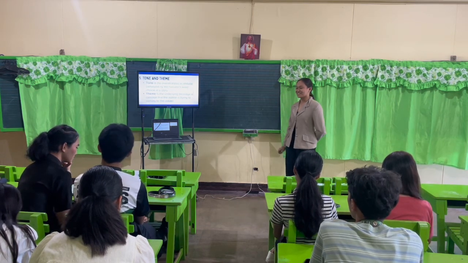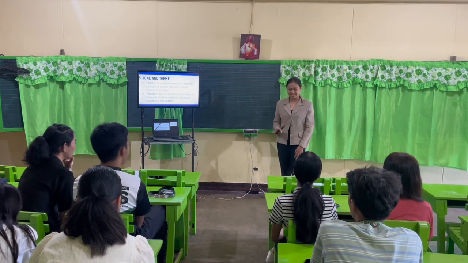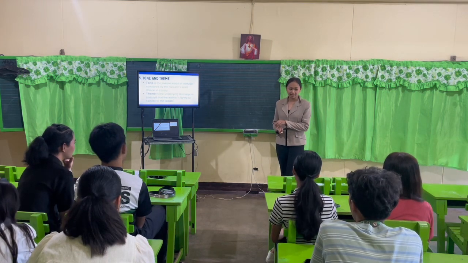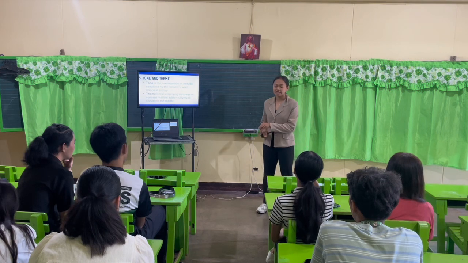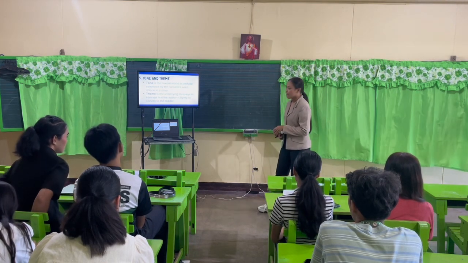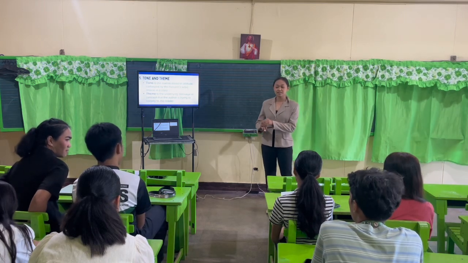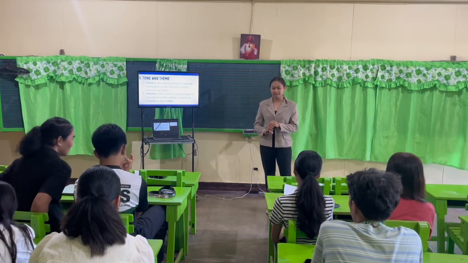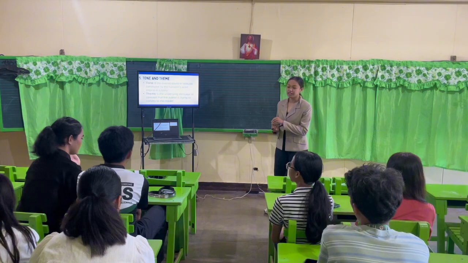So the tone in this story has three: light or gentle, friendly or respectful, and hopeful or uplifting. First is light because the story is easy to understand, especially by the children.